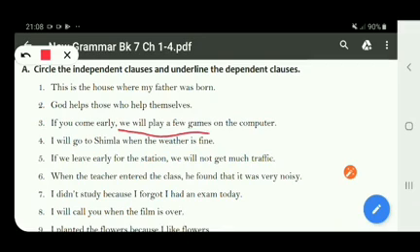We will play a few games on the computer is the independent clause, and if you come early is the dependent clause. The fourth one is I will go to Shimla when the weather is fine. I will go to Shimla is the independent clause. When the weather is fine is the dependent clause.